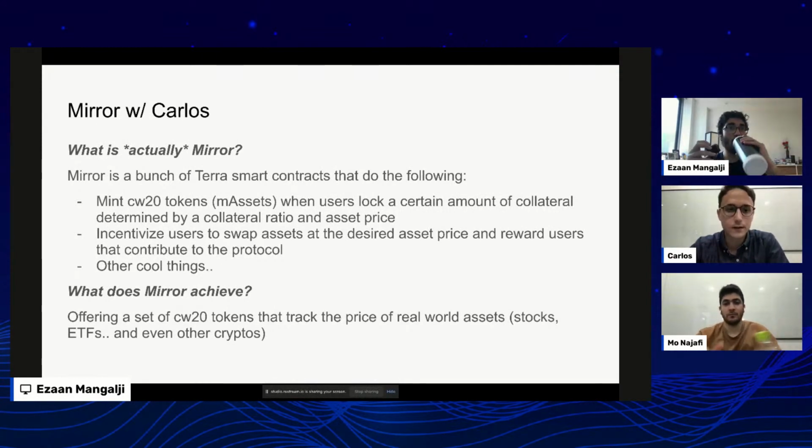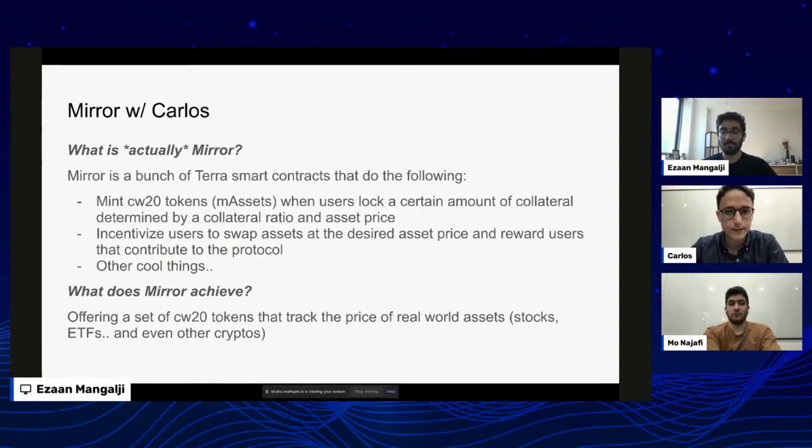And then, of course, some other cool things. With this, what Mirror achieves is offering a set of CW20 tokens that track the price of real world assets like stocks, ETFs, or cryptos, which sounds simple, but it's actually very powerful and allows for very cool integrations.